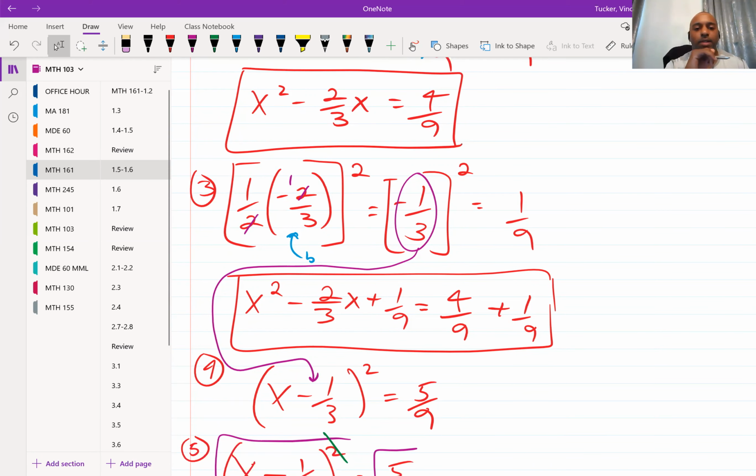Bracy, hand raised. Yeah. So I want to ask, was it a happy little accident that 9 happened to be the denominator, which allowed 1/9 to add up with 4/9? A lot of this stuff is by design.